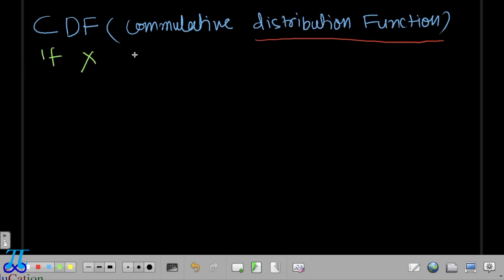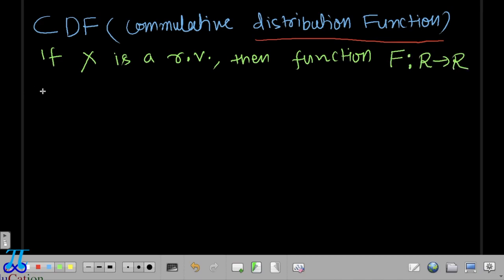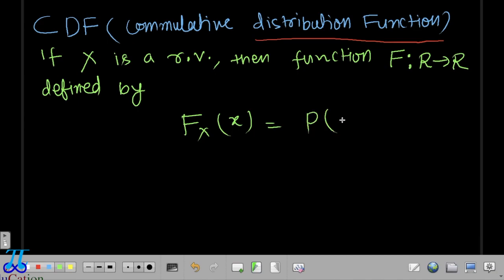If capital X is a random variable, then the function capital F from R to R defined by the relation capital F of small x equal to P, P means probability, of capital X less than or equal to x, for all x element of real numbers.